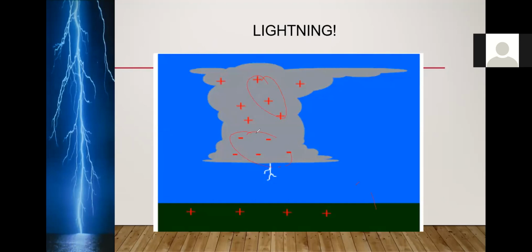So the difference between them will produce a positive pole and a negative pole. So this is what creates electricity. Electricity can be created by the negative and positive charges, so you have different kinds of charges.